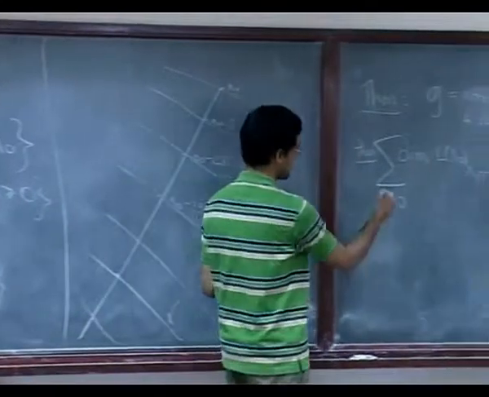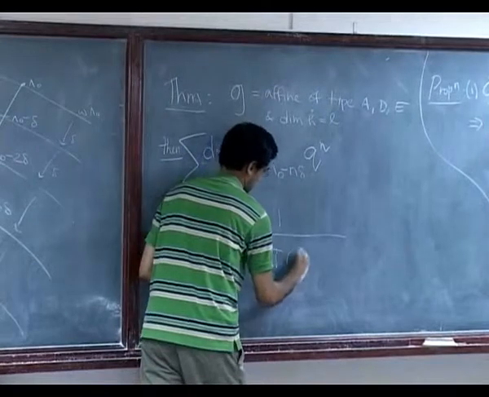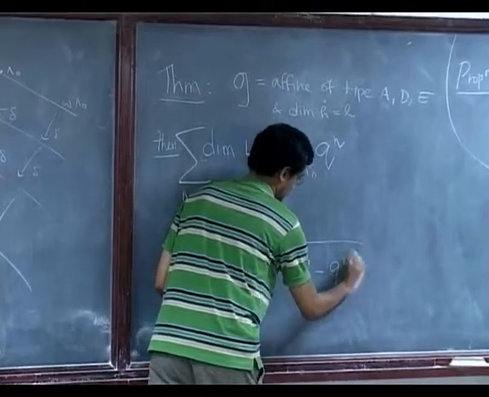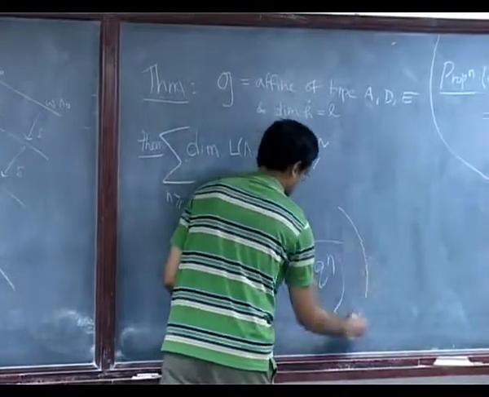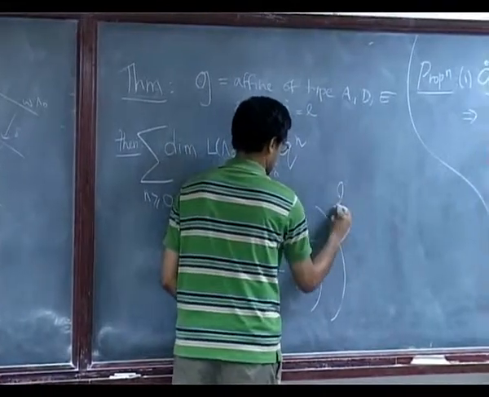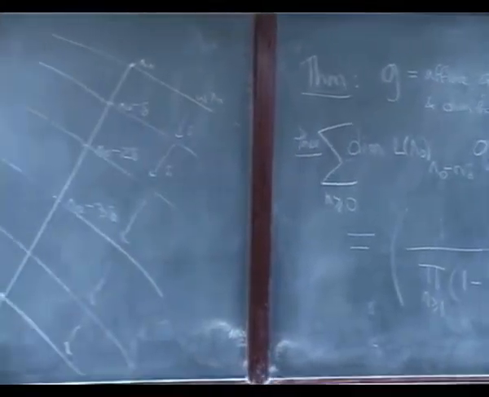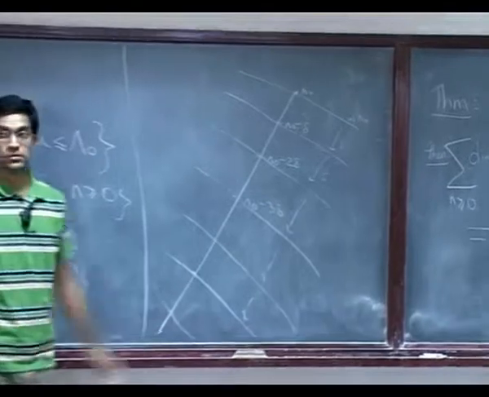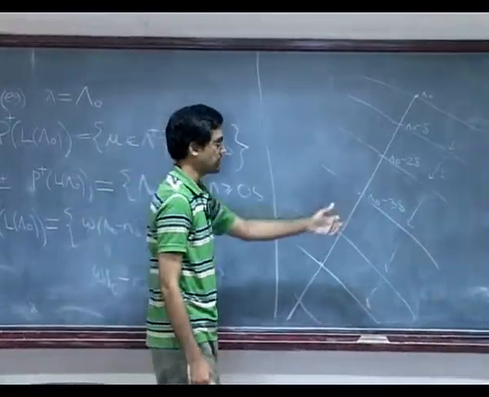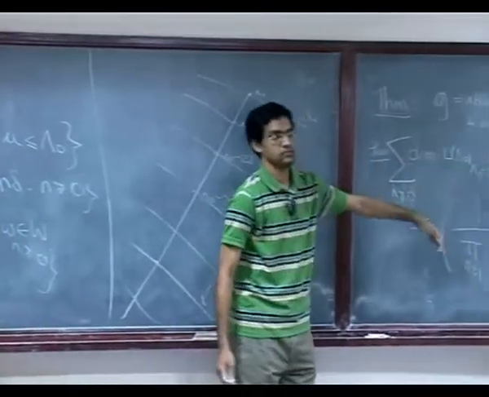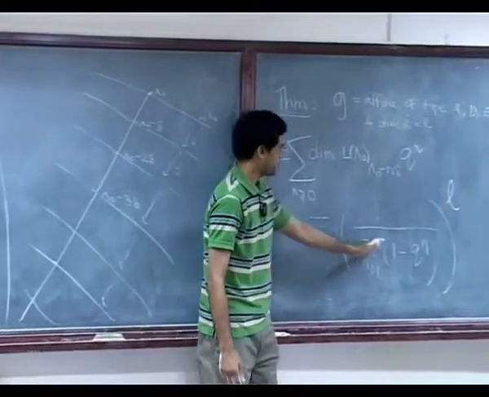Then this generating series turns out to be the product of 1 minus q to the n, raised to the power minus L. So it is the eta function, or the phi product, to the minus L. It is something to do with the negative powers of that function.